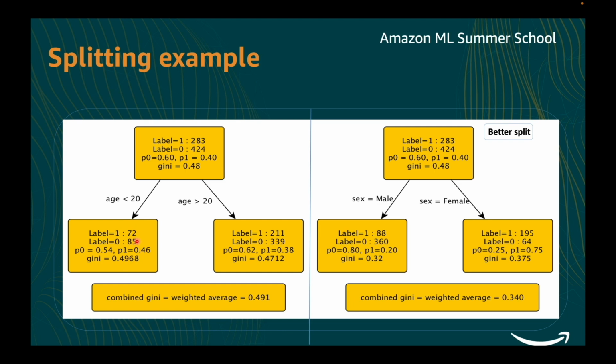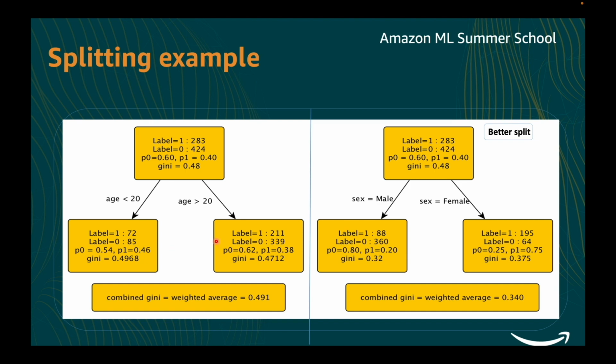So it's basically 72 plus 85 divided by the total of this. That is the weight. You multiply that by the Gini impurity value of this node. You take the fraction over here, which is 339 plus 211 divided by the sum of this, and multiply that by the Gini value over here.